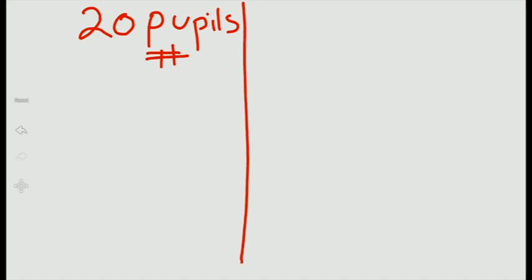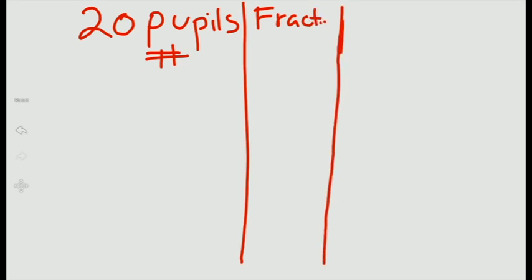So I'm going to use these very same examples of 20 pupils. That is the number of everybody in the class. And then I'm going to draw another column, which is for the fraction. That's the fraction column. And then we can create another column, which is the percentage column.